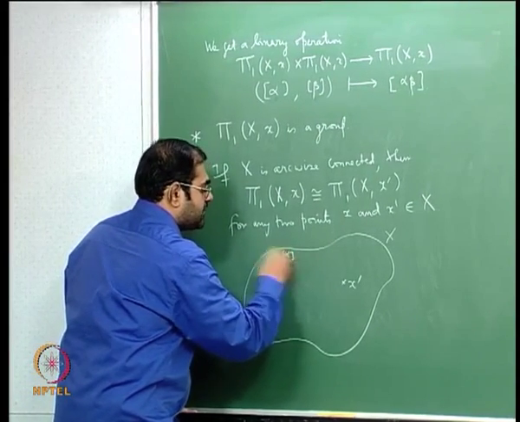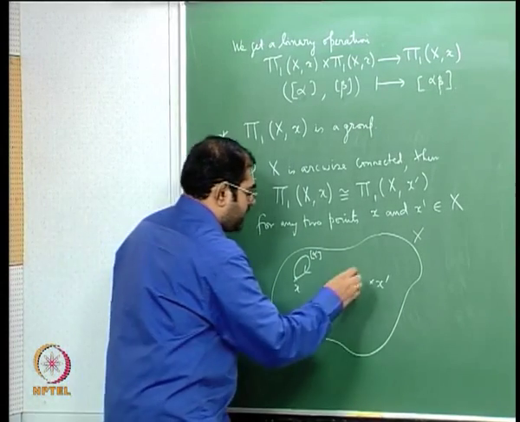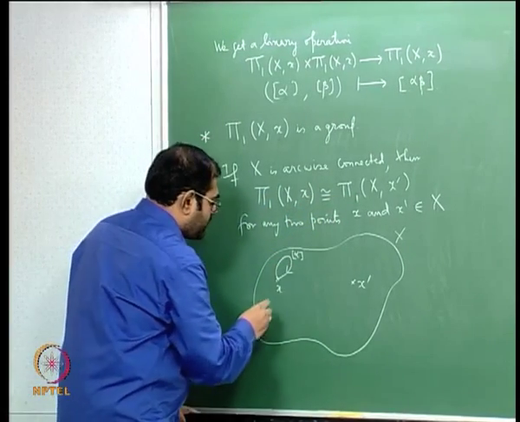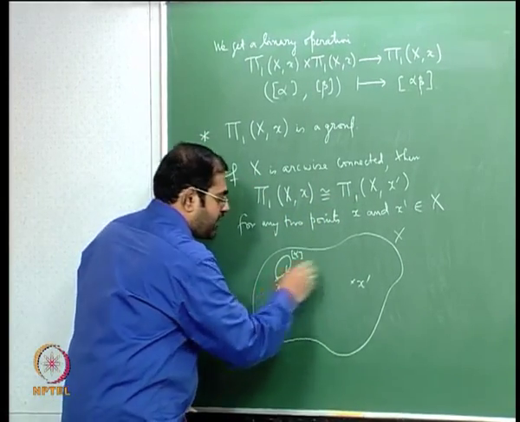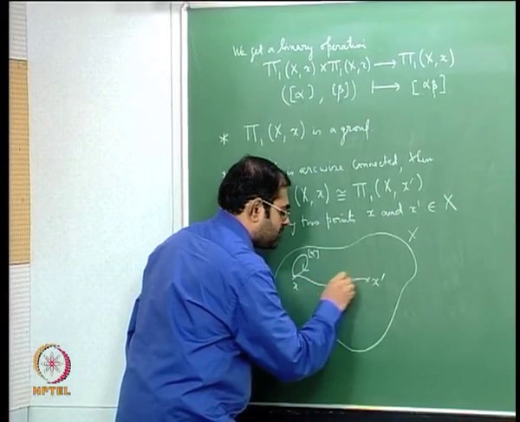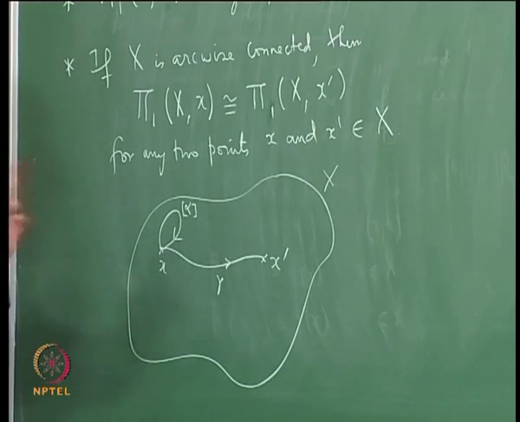The equivalence class I will write as square bracket alpha. How do I get an isomorphism from here to there? Since X is arcwise connected, any two of its points can be joined by an arc, so I join this by an arc, and let me call that arc gamma. That is the definition of arcwise connectedness.